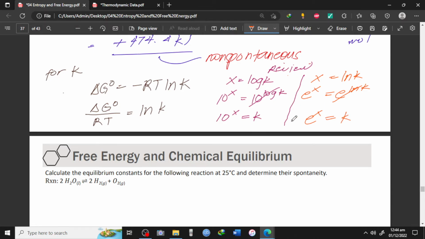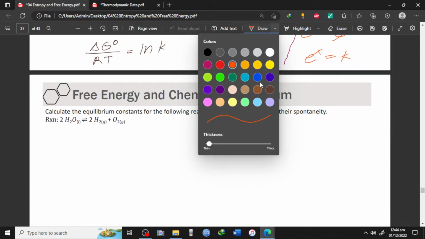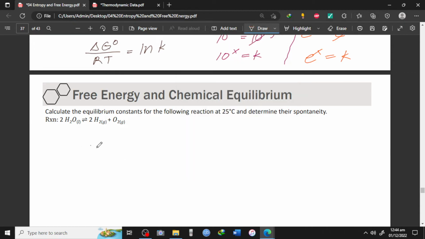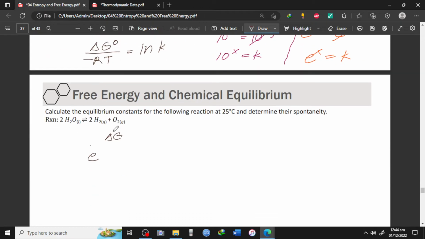So, ngayon, i-apply natin dito. So, in applying that, ang magiging equation na natin ay e raised to delta g. Okay, may nakalimutan ako dito. May negative pala tong RT. So, dapat may negative to. Okay?